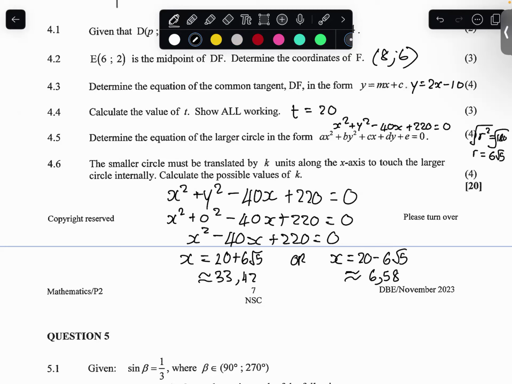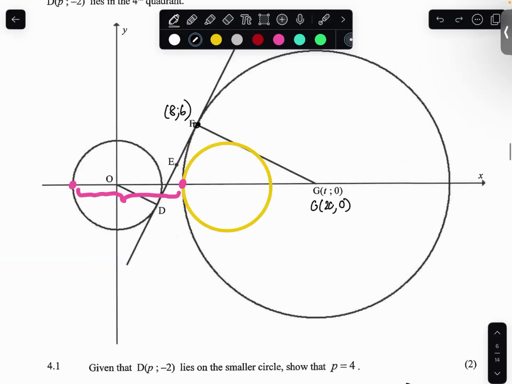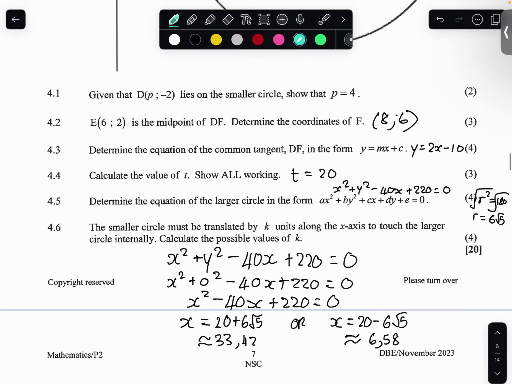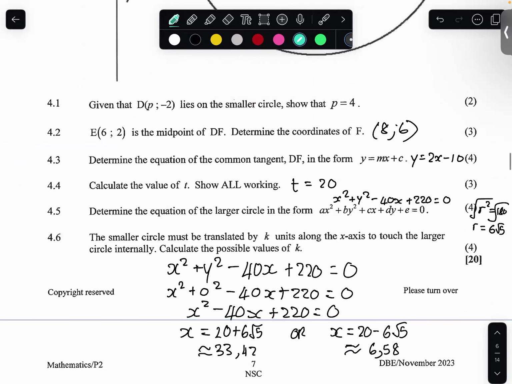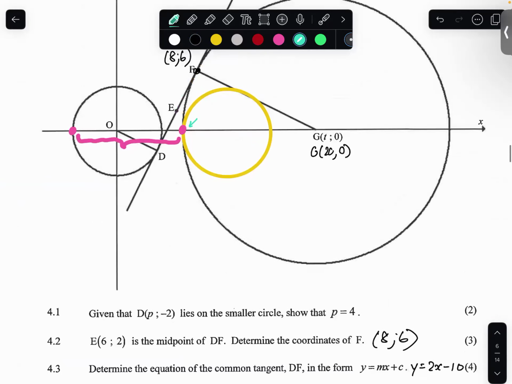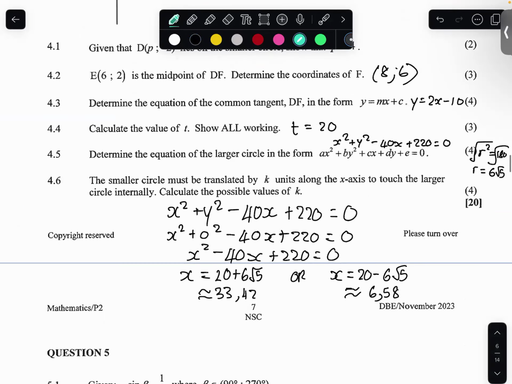So this is the one closer to the origin, and this is the one further away from the origin. So I'm just going to put that in quickly: the x-intercept right there, that distance is 6,58, and this is 33,42.